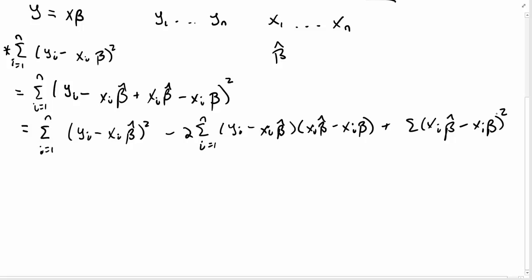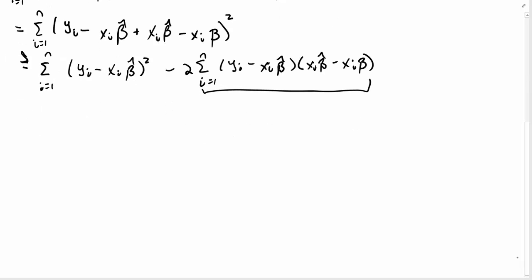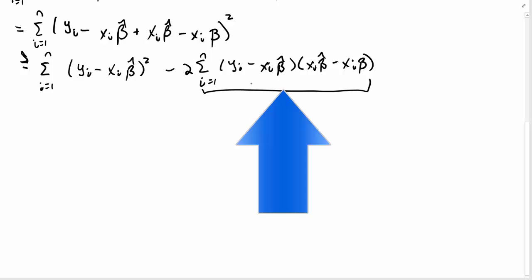Now, if I get rid of this last term, it's adding up a bunch of positive things, so I'll only get smaller because I'll have thrown away something that's positive. So if I take 6, which is 4 plus 2, and throw away the 2, I've gotten smaller. Okay, let's look at this middle term right here. If beta hat forces this term to be 0, then let me just rewrite this.